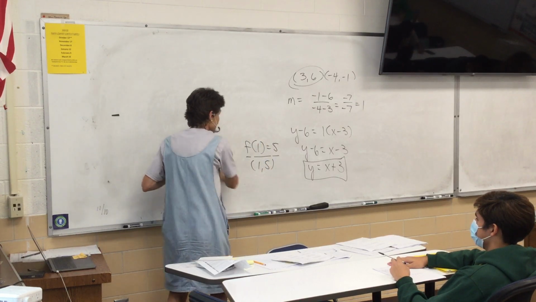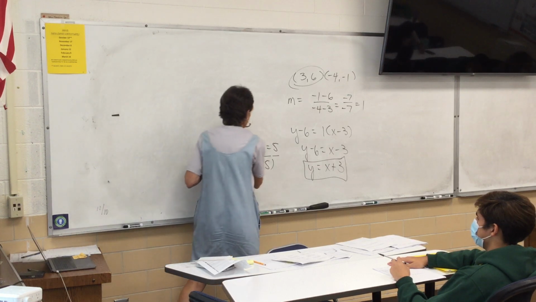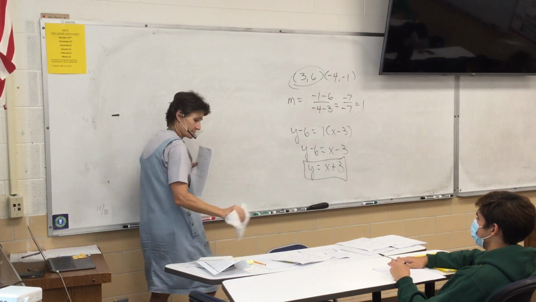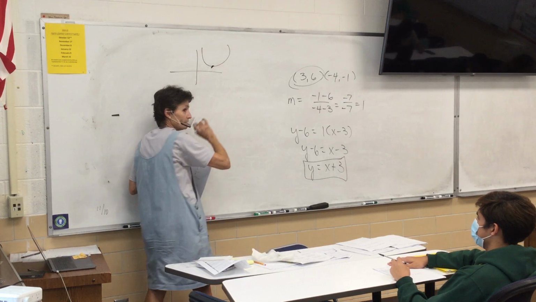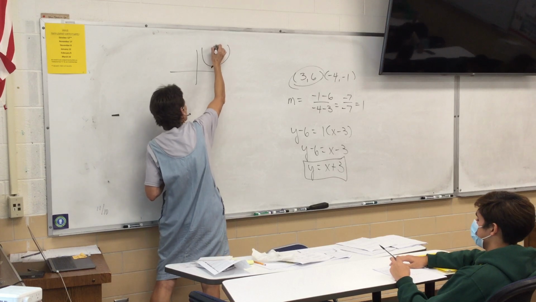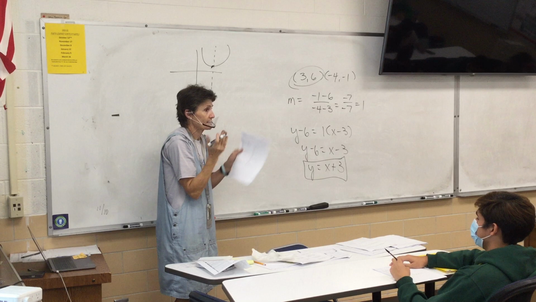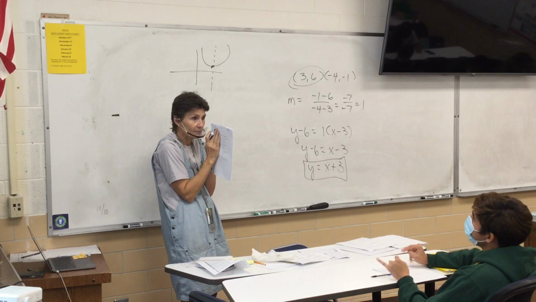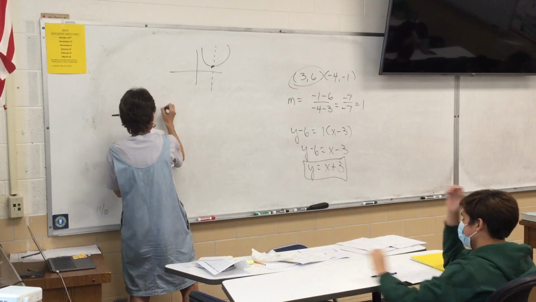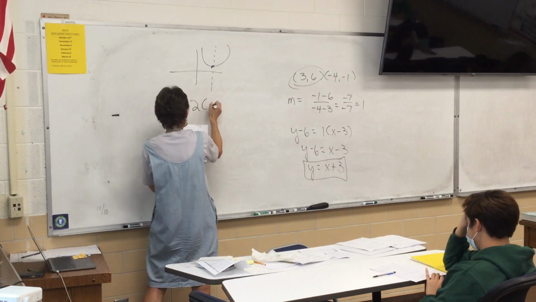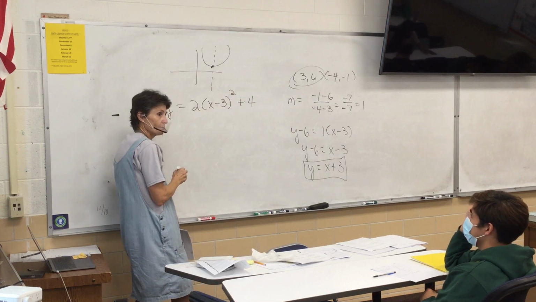So our parabola is either open up or down. They want to know the vertex, which is like this point right here. And they want to know the axis of symmetry, which is the crease if you folded your parabola exactly in half. Okay? So somehow, from this equation, we are supposed to know all of those things.